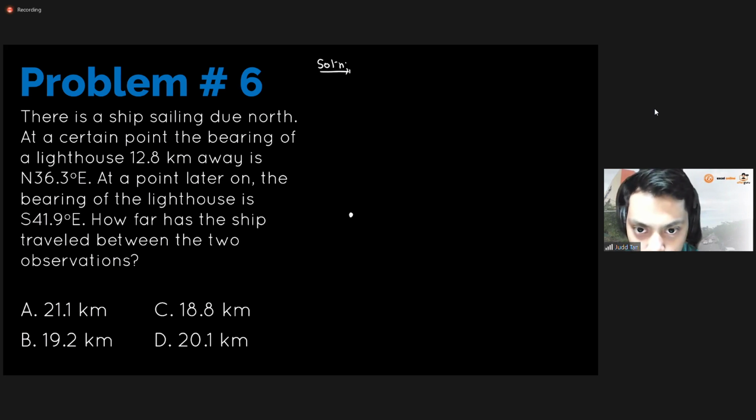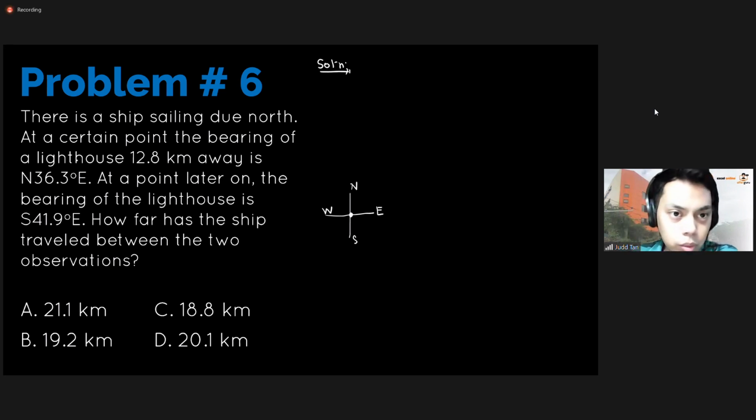Okay, draw natin yung directions natin. We have north, south, east, west. So, from this ship, sabi niya, at a certain point, the bearing of a lighthouse 12.8 kilometers away is N 36.3 degrees E. So meron daw lighthouse somewhere, kunyari dito.